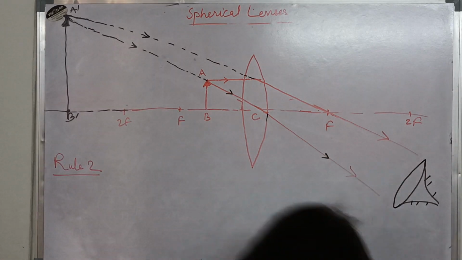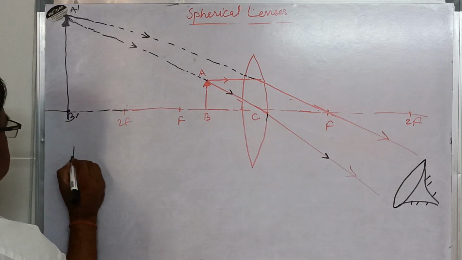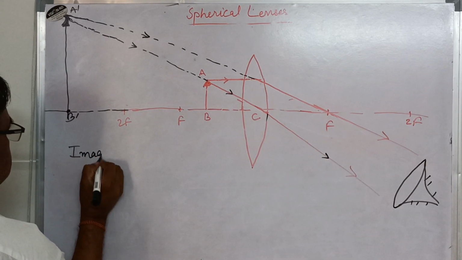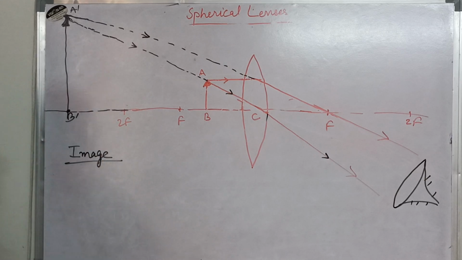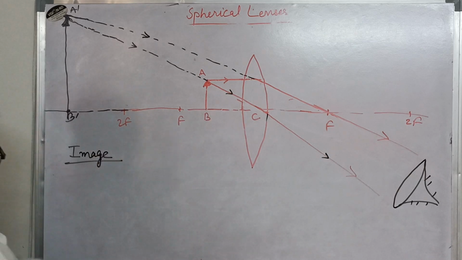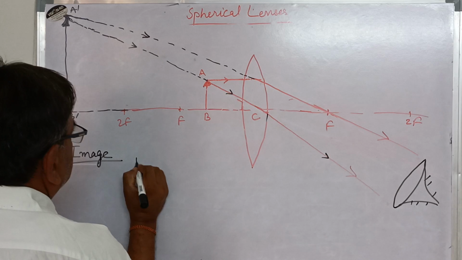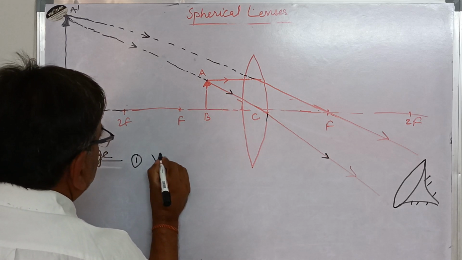What about the image, the quality of image? In this case, when the object is between C and F, the image is number one, it is not real, it is virtual.